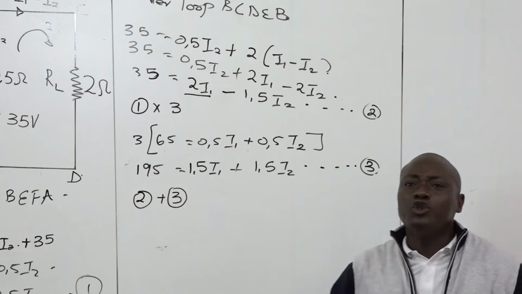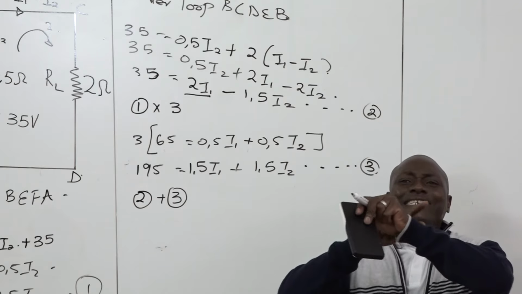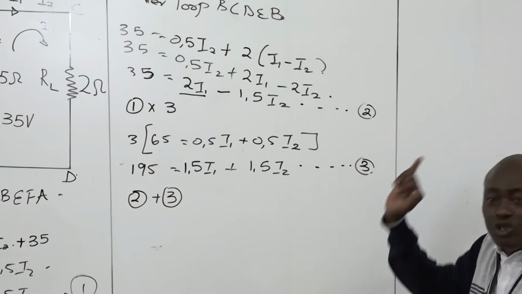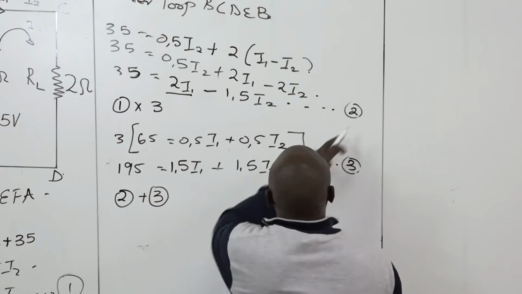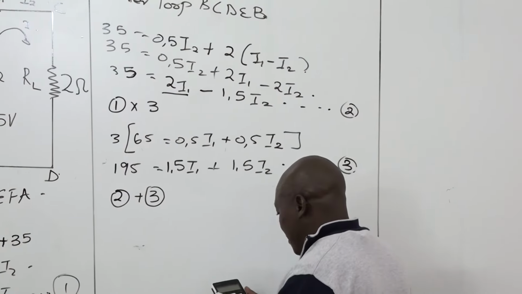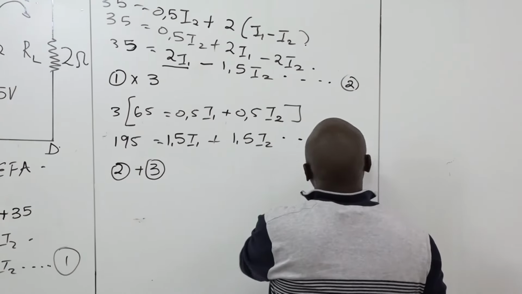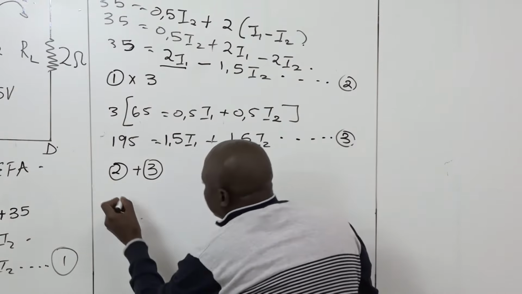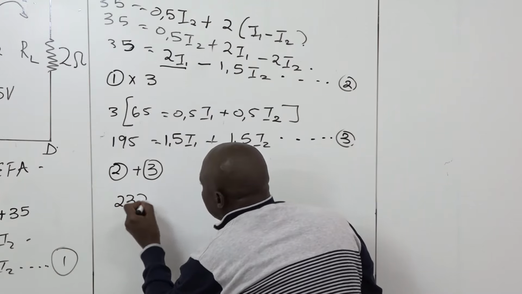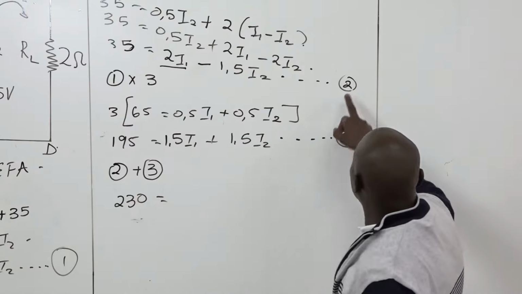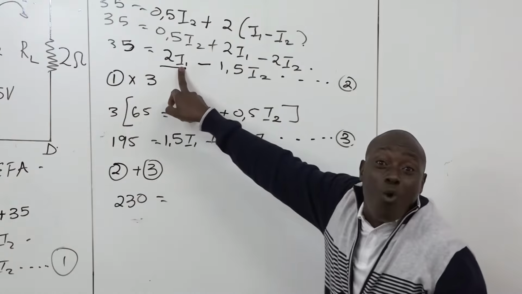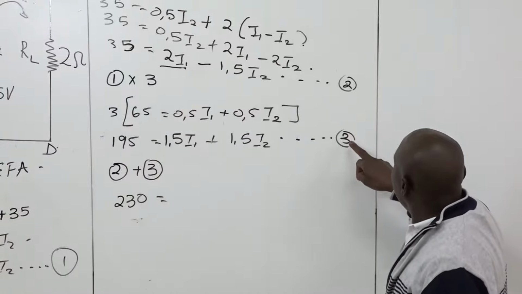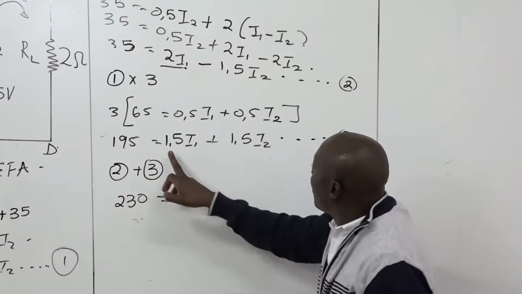So now I'm going to add the entire equation, both equation 2 and equation 3. In equation 2, I'm having 35, and in equation 3, I'm having 195, and it will give me 230. For the variable I1, in equation 2, I'm having 2 I1, and in equation 3, I'm having 1.5.